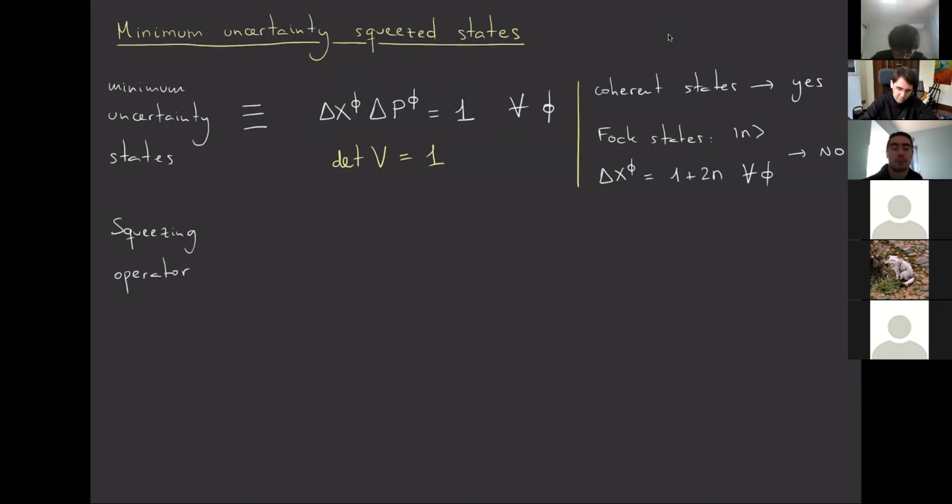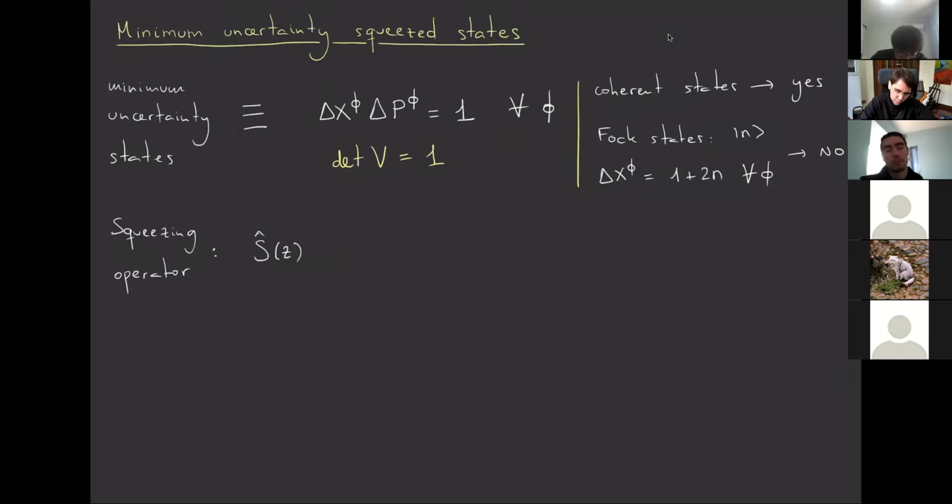So the squeezing operator is a Gaussian unitary. I remind you that Gaussian unitary means that it's a unitary transformation, or comes from a Hamiltonian, that is at most quadratic in annihilation and creation operators or position and momentum, and it maps Gaussian states into Gaussian states.